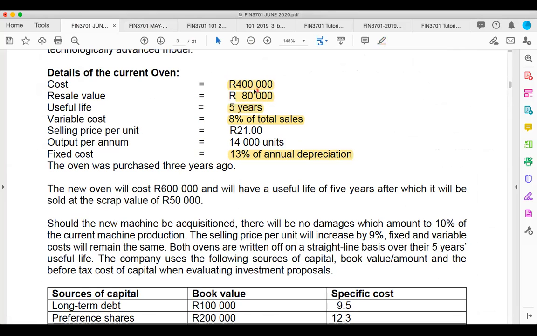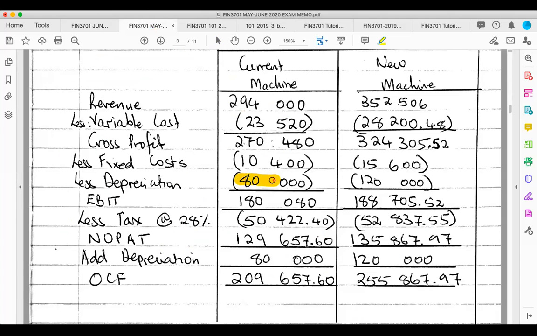So the depreciation per year is 400,000 divided by 5, which gives us 80,000. And this 80,000, if we multiply it by 13%, we get 10,400. So that's how we got the fixed cost and the depreciation.